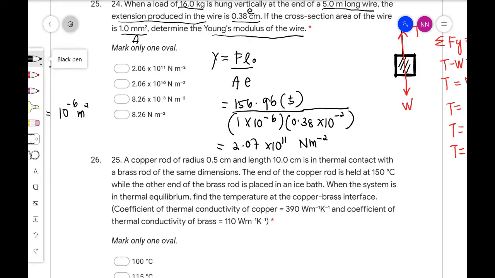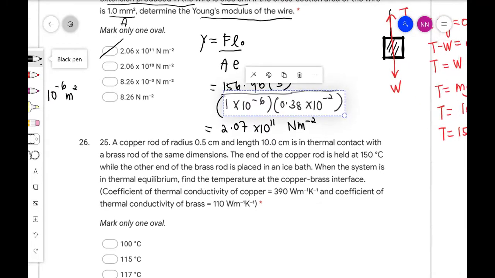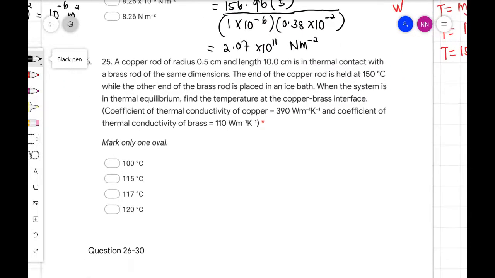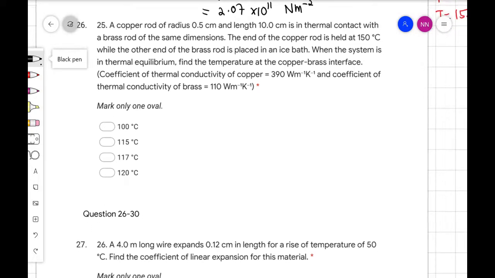So number 24 is A, times 10 to the power of 11. Be careful whenever you want to substitute values. Make sure the value is in SI unit. Then we can proceed to number 25.